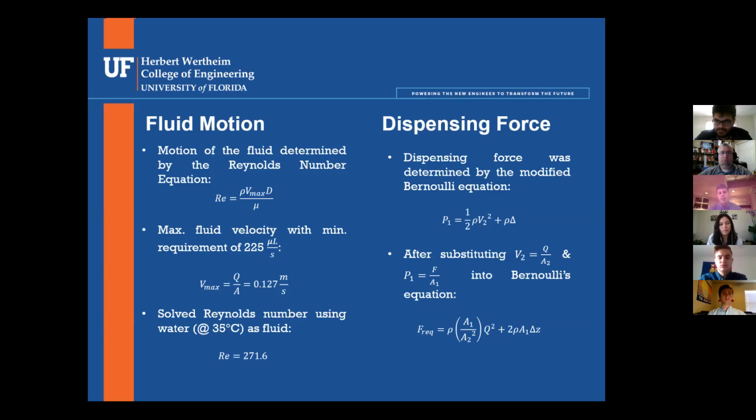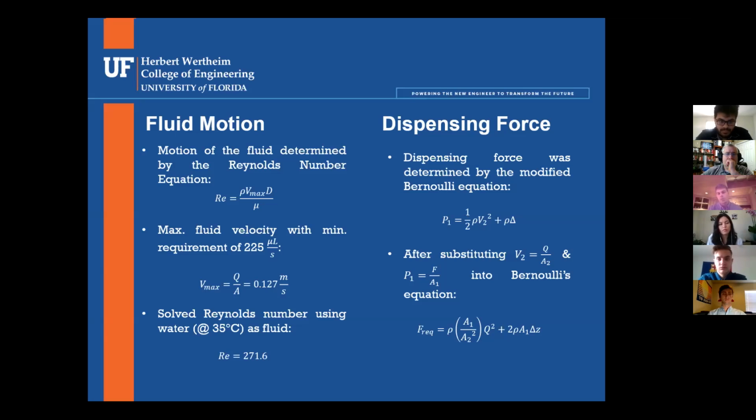Thus, we performed the calculations with density and viscosity of water at 35 degrees Celsius, which is about the median temperature range of the incubation. The Rayleigh number is found to be well under the 2300 threshold for laminar flow, thus ensuring flow would not be turbulent and maintaining accurate results.